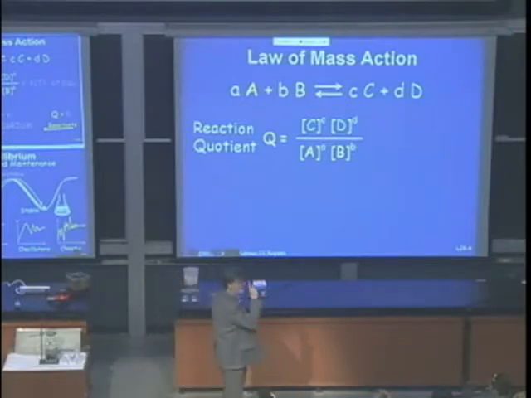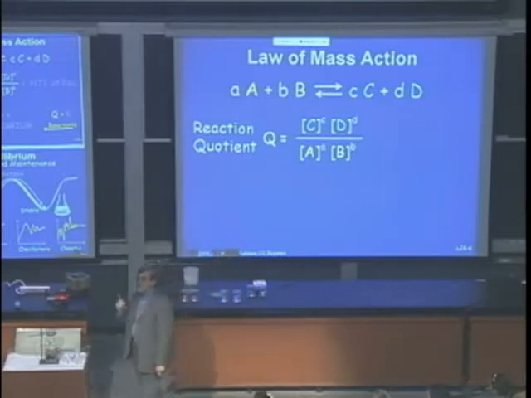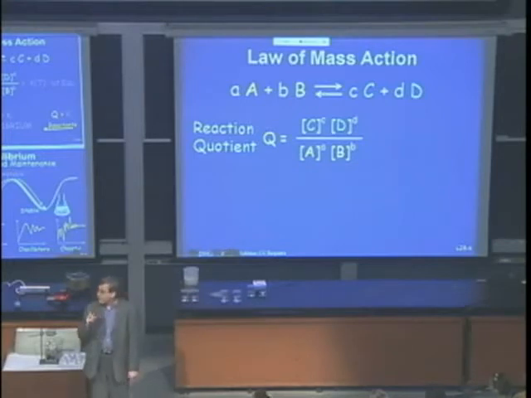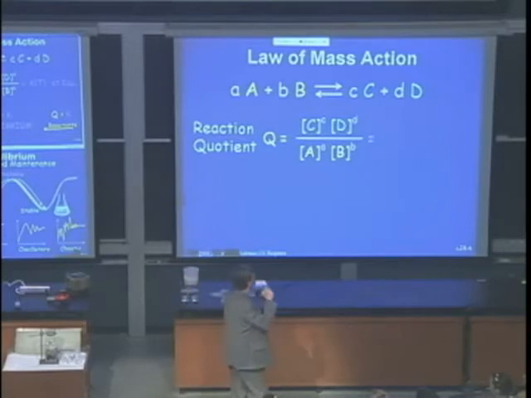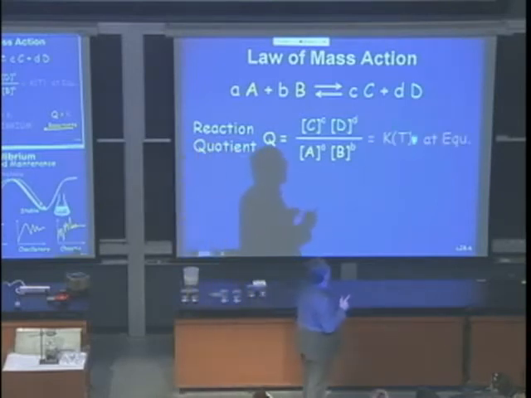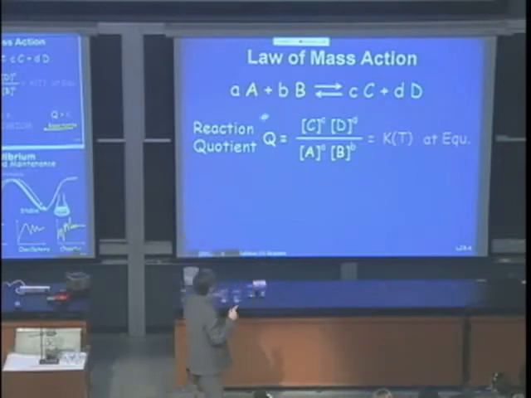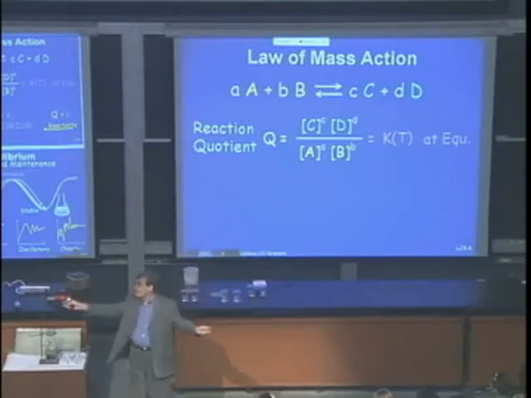So when we have equilibrium, then we call this quotient the equilibrium constant, and we call it K. K at a given temperature is at equilibrium. That's the reaction quotient. It can be at any time totally out of equilibrium, that reaction.